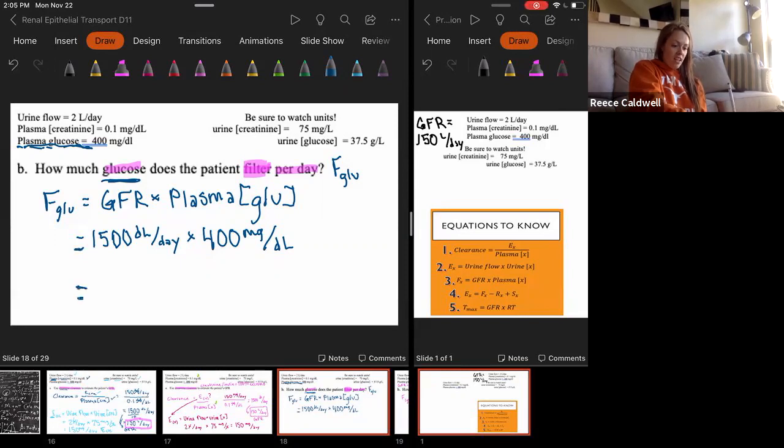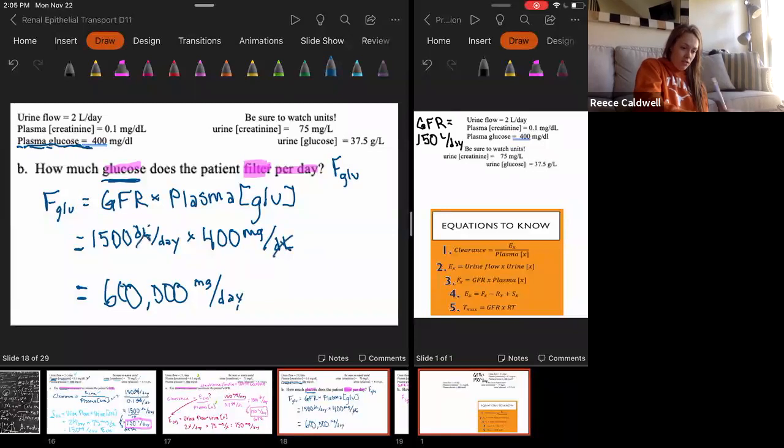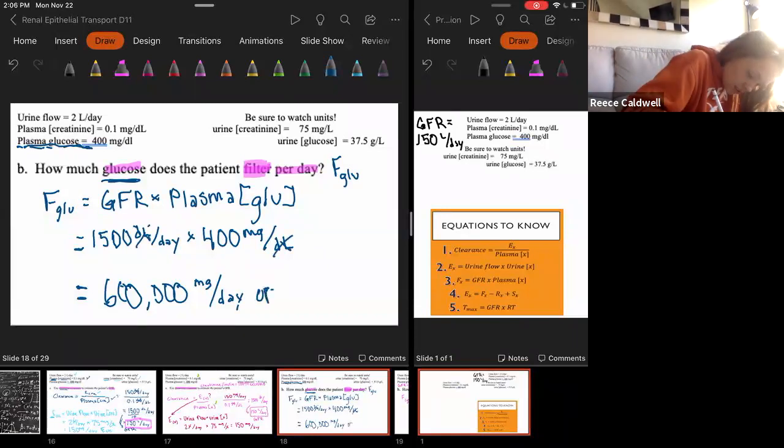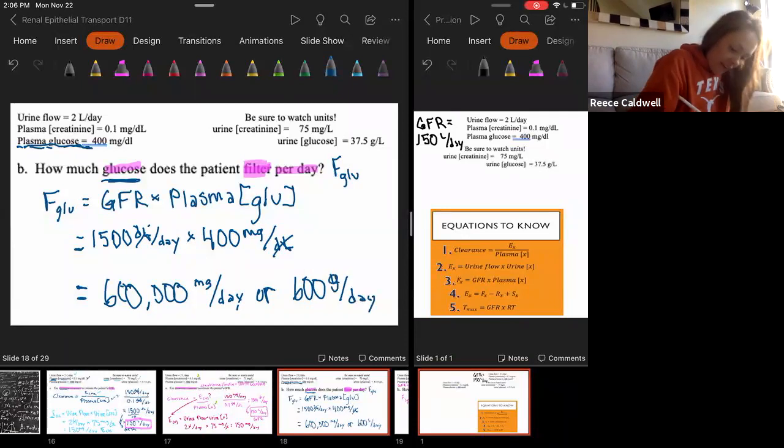When we solve this out, what we get is 600,000 milligrams per day, because those deciliters will cancel out. This is the same thing as 600 grams per day.